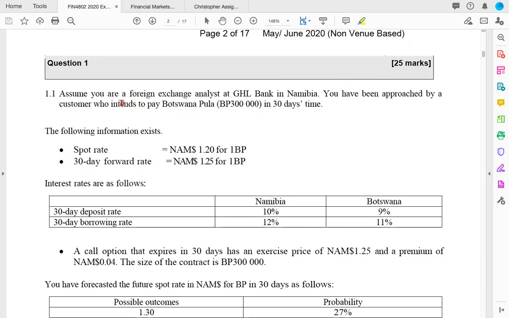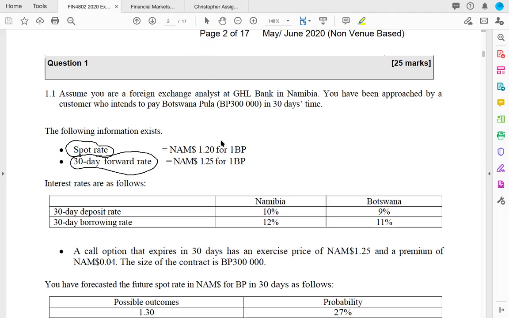Number 1 says, assume you are a foreign exchange analyst at GHL Bank in Namibia. You have been approached by a customer who intends to pay Botswana Pula with 300,000 Pula in 30 days. And then you're given information on the current spot rate, and also on the current 30-day forward rate.